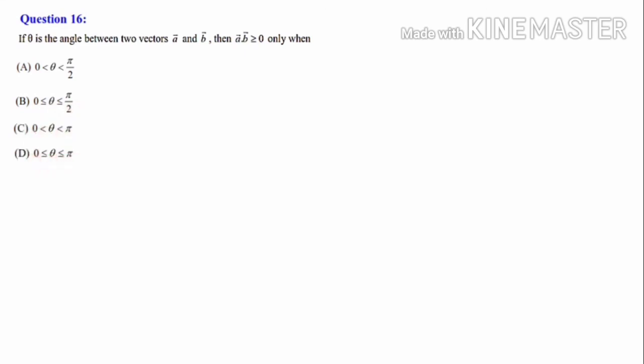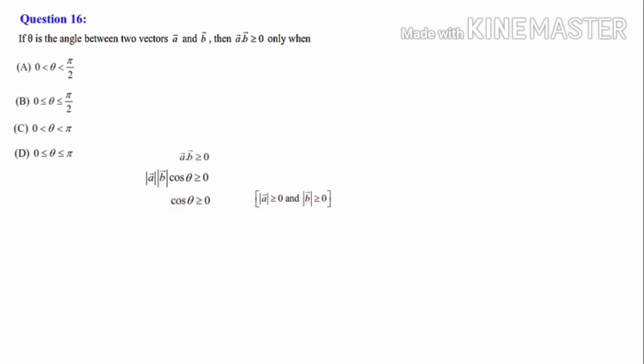Let's take the given condition A dot B greater than or equal to 0. By using the formula we can write modulus of A into modulus of B into cos theta greater than or equal to 0. We know that modulus of A and modulus of B are already greater than or equal to 0, so cos theta is greater than or equal to 0.